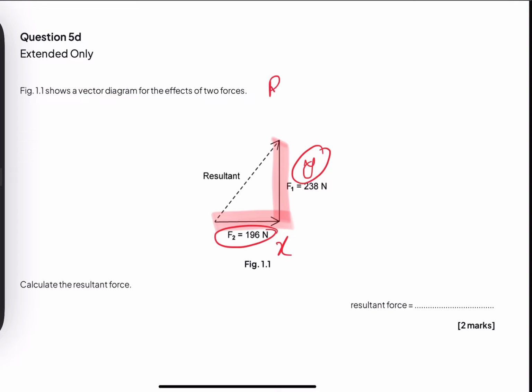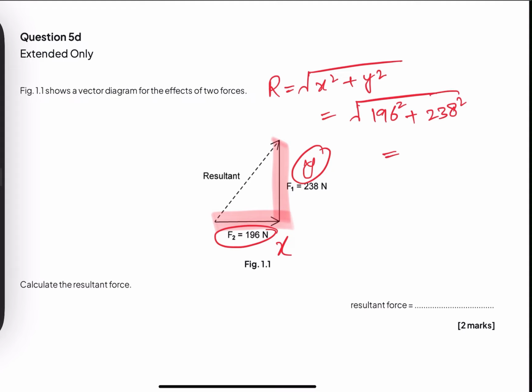The resultant vector, let's suppose it's r, will be equal to the square root of x squared plus y squared. So x value is 196 plus y value is 238 squared. That will give you 308 newtons. So the answer is 308, and you have to mention the units with it.